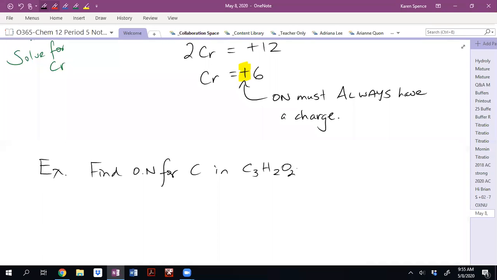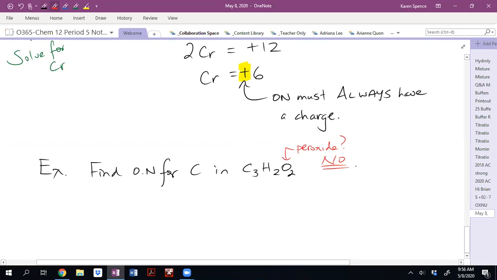Is this a peroxide? I got that O2. Is it a peroxide? No.